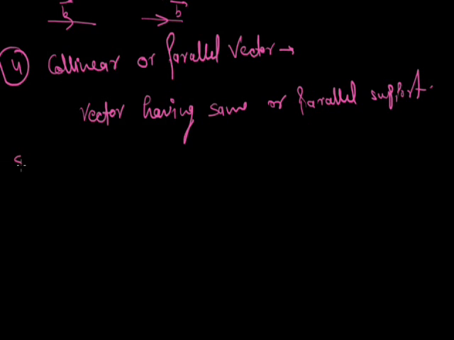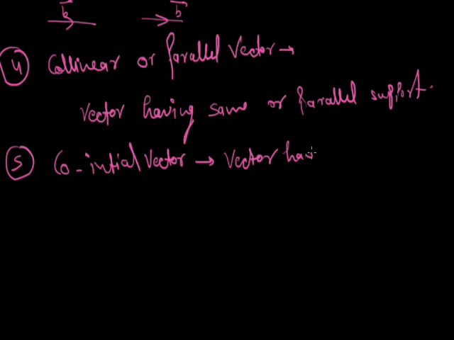Next is co-initial vectors. As the name indicates, two vectors having the same initial point are called co-initial vectors.